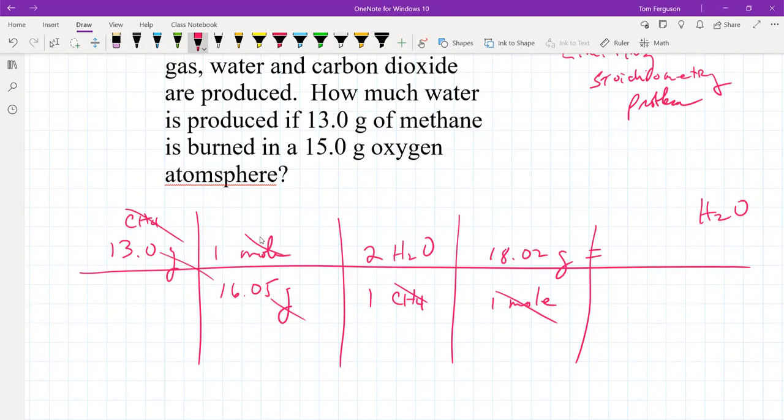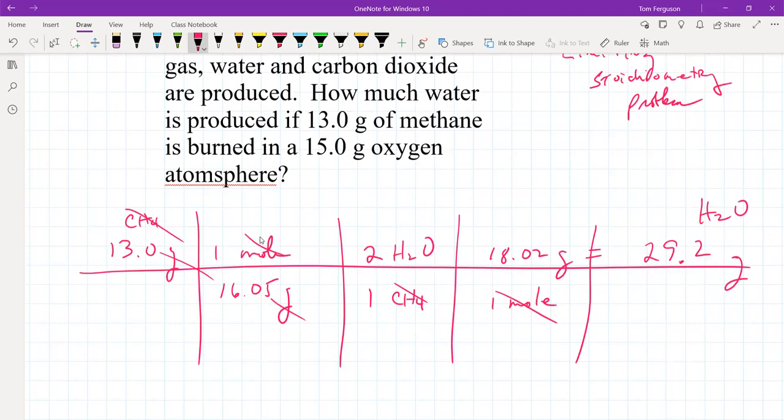This will give us the amount of water if we just start with 13 grams of methane. We're not listing the oxygen at all now. That's the same calculation we did before. I'm glad I got the same answer.